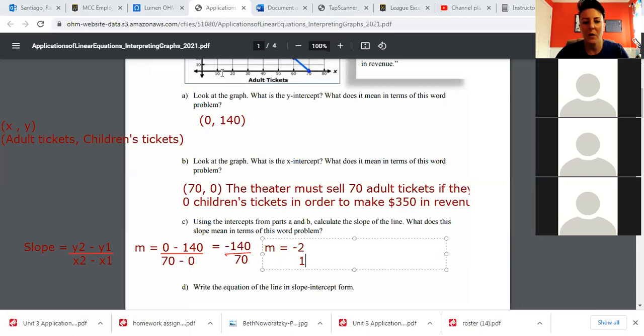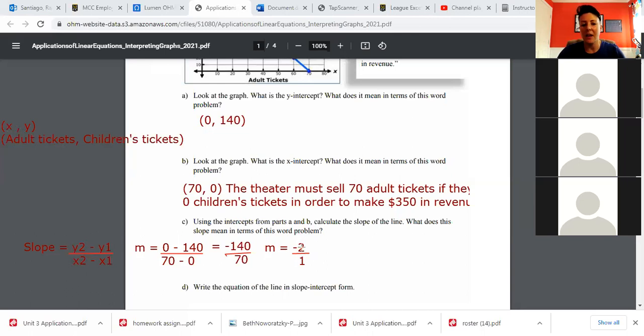Recall that when we decided to interpret slope, we thought about what slope is. We know that in the numerator of slope, that's the change in y, right? And in this context, the change in y is the change in children's tickets, okay? The change in y refers to the change in children's tickets because y is children's tickets, which means the change in x refers to the change in adult tickets.